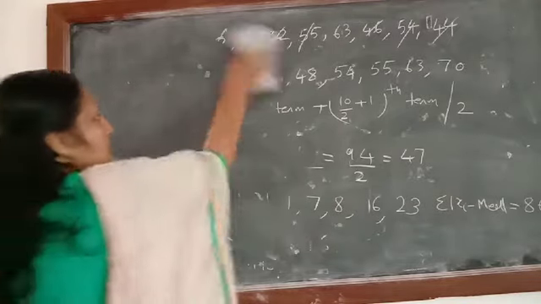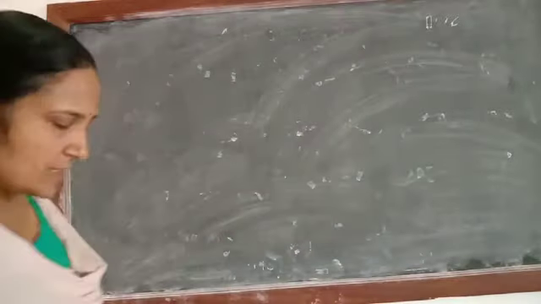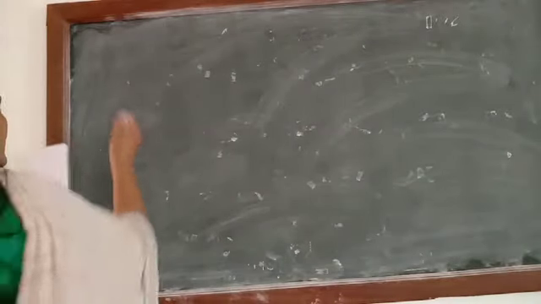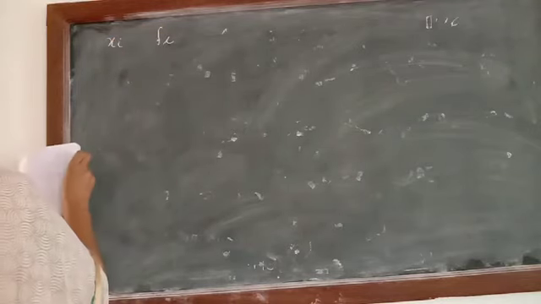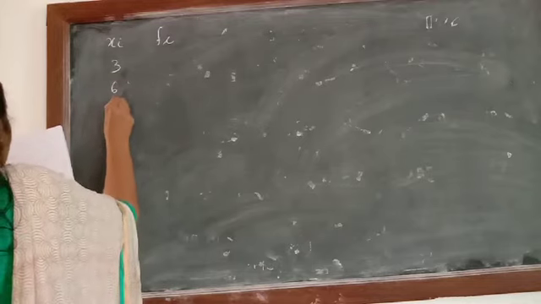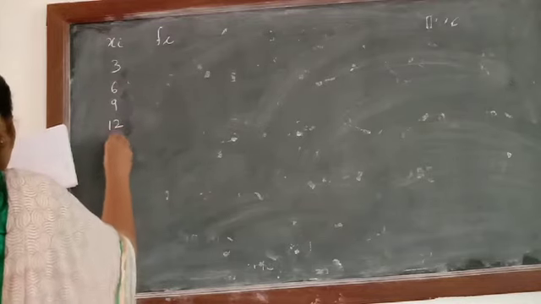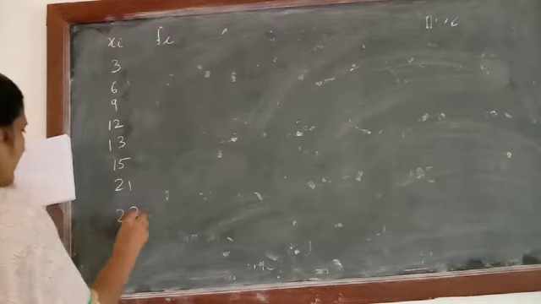In the next question, a grouped frequency distribution is given. Okay. So in that, write down here xi is given and fi is given. So in place of xi, write 3, 6, 9, 12, 13, 15, 21, 22.